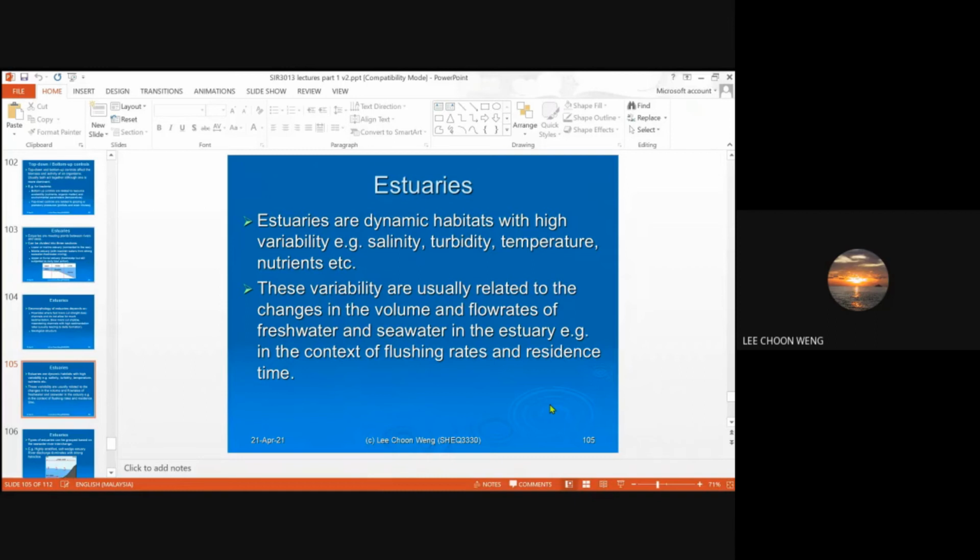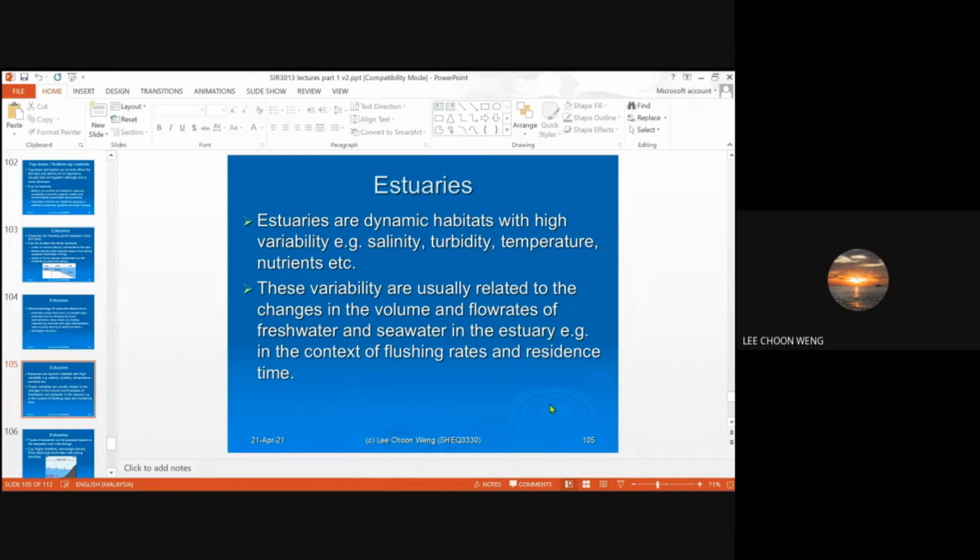You have to remember an estuary is a place where the sea water and the river water interact. And the interaction is not straightforward because you have to take into consideration the current, and the tides. There are high tides, low tides, spring tides and neap tides. And also you have to take into consideration the rainfall.